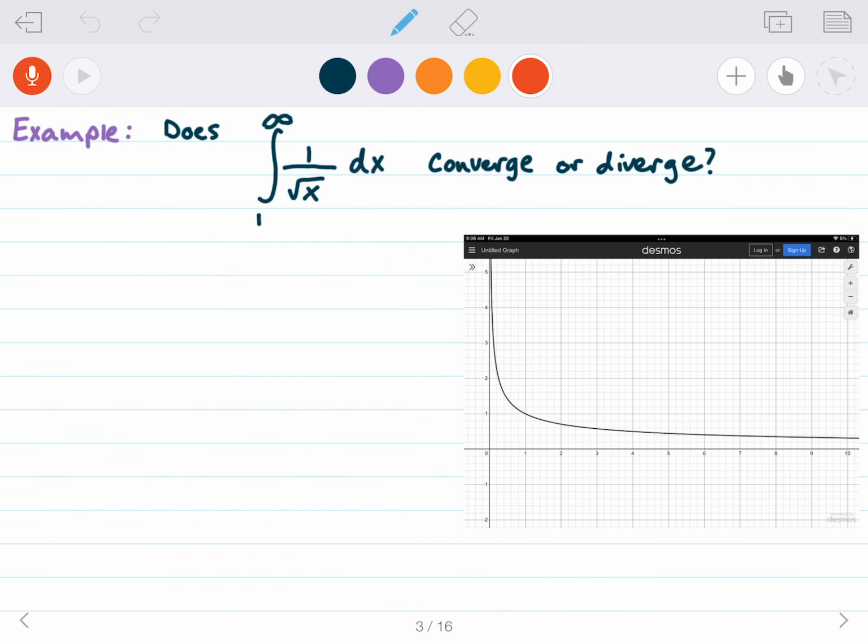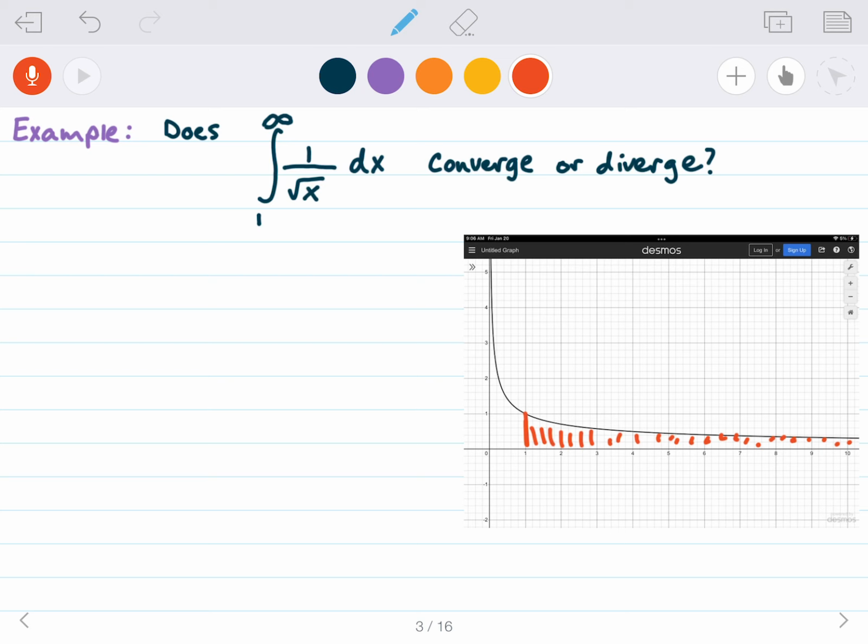Let's do another example. So we want to know, does this improper integral converge or does it diverge? Well, we're starting at x equals 1. So I have the graph here, and we're going all the way off to x equals infinity. And maybe you can guess what's going to happen by the graph.